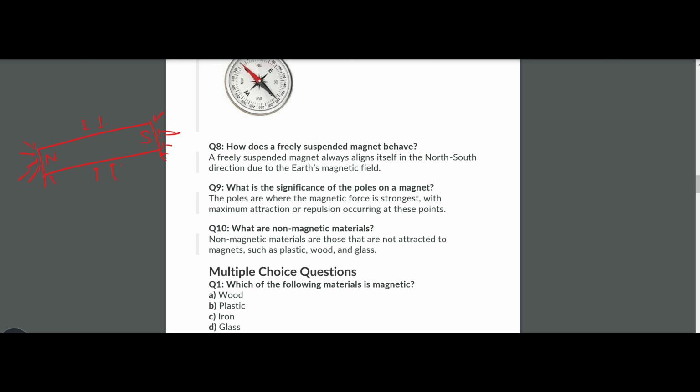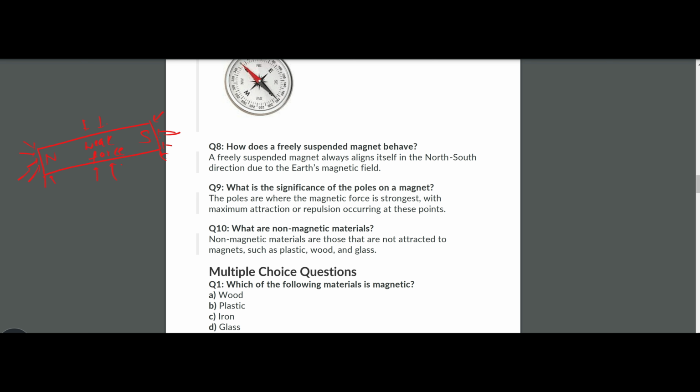Because of that, they attract more iron filings compared with the middle of the magnet, which has a weak force. So for this reason, many iron filings are attracted at the ends, the north and south poles.